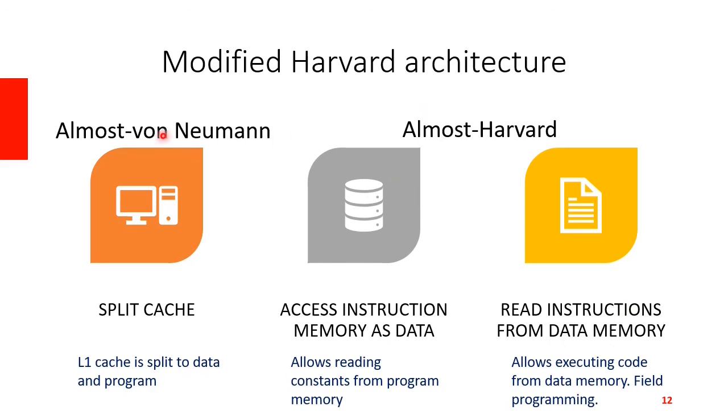Also, there can be certain Von-Neumann machines with mechanisms like split cache, where some advantages available in Harvard architecture are added to the Von-Neumann machine. Usually in today's machines, what you see is modified Harvard architecture. Some of these features are built into the machine, but the machine is basically coming from either Von-Neumann or Harvard architecture.